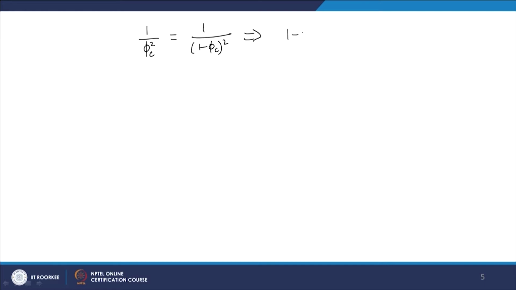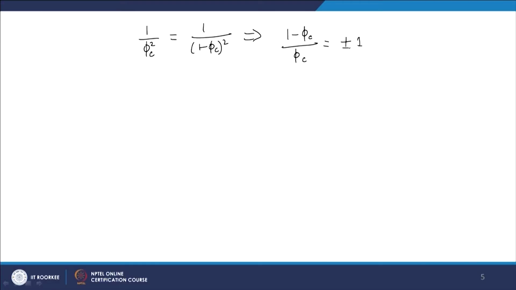This gives me 1 minus phi c by phi c as plus or minus 1. You can solve for minus 1 and find out that phi c will not be in the range of 0 to 1. So we take a value of plus 1.